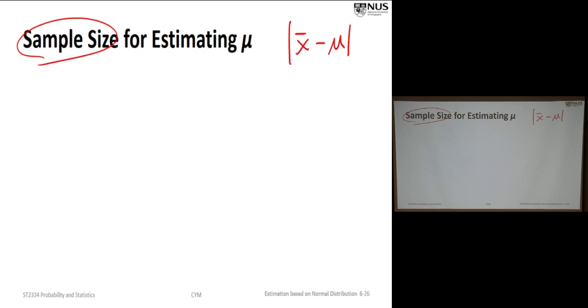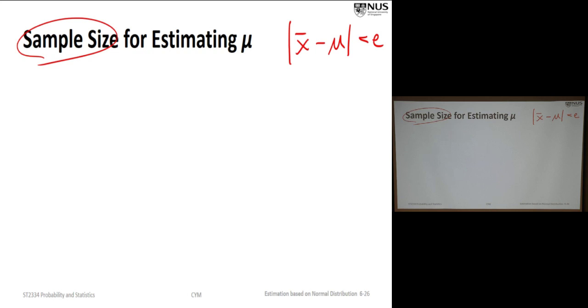Can it be 0? How? X bar is a random variable. We can only talk about the error being less than a certain constant.